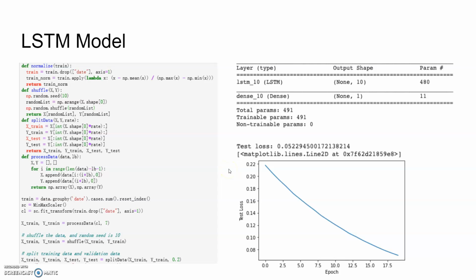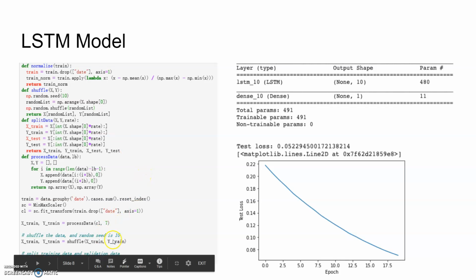For the LSTM model, we use the normalize function to normalize the training set and use the shuffle function to randomize the training set, and the random seed is 10.